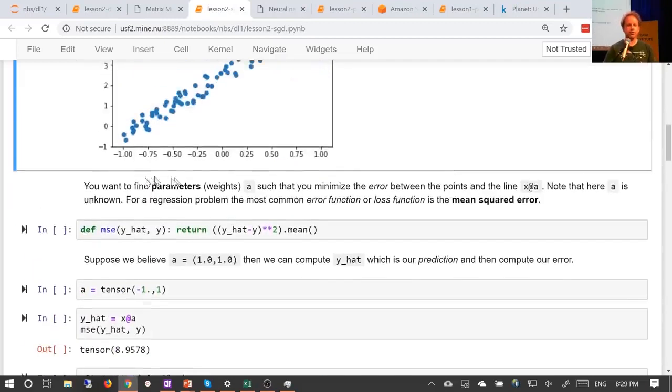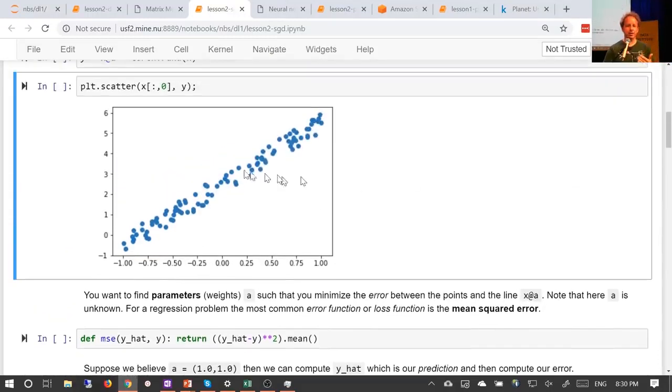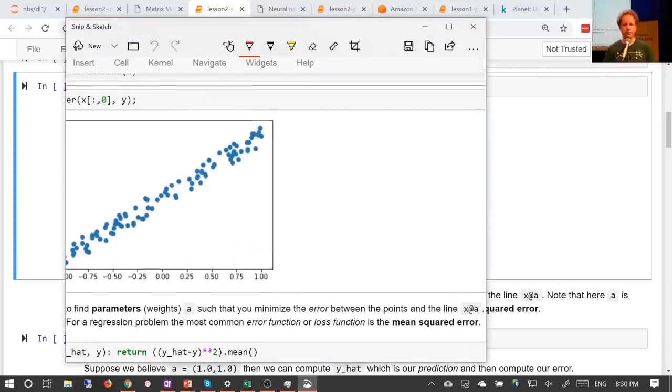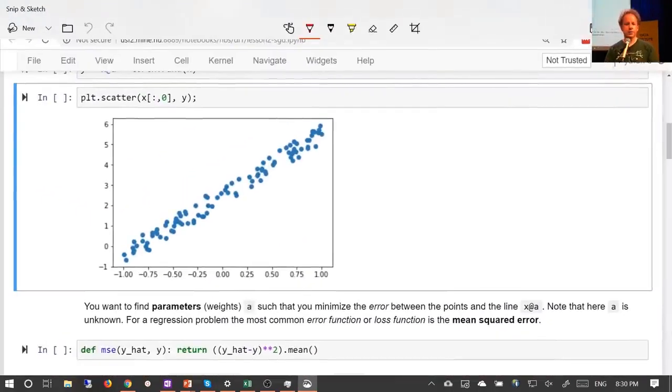Okay, so we want to find what PyTorch calls parameters, or in statistics you'll often hear called coefficients, these values of A1 and A2. We want to find these parameters such that the line that they create minimizes the error between that line and the points. So in other words, if the A1 and A2 we came up with resulted in this line, then we'd see how far away that line is from each point.